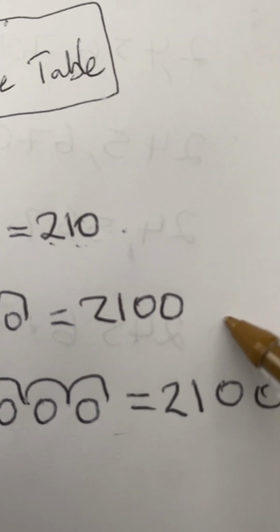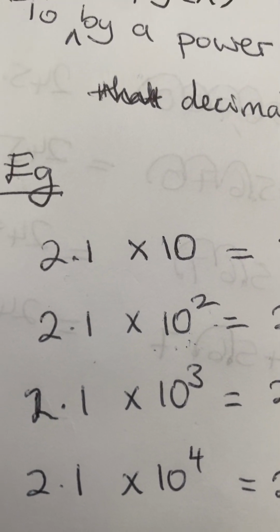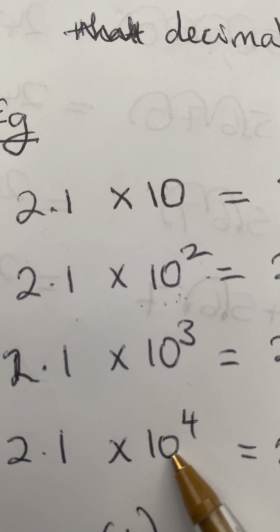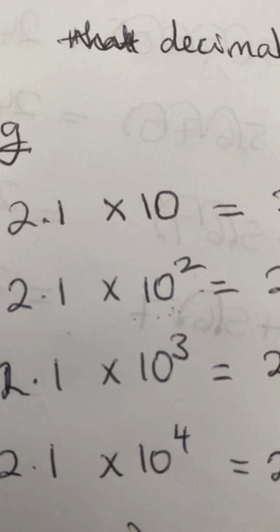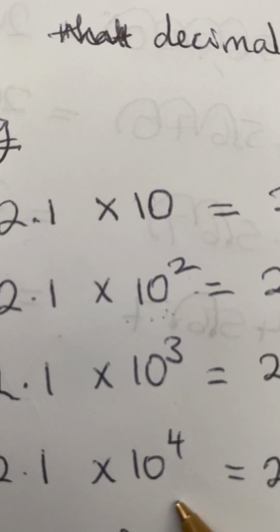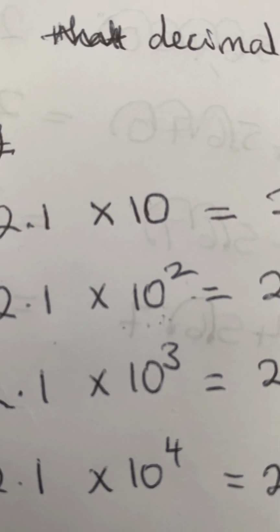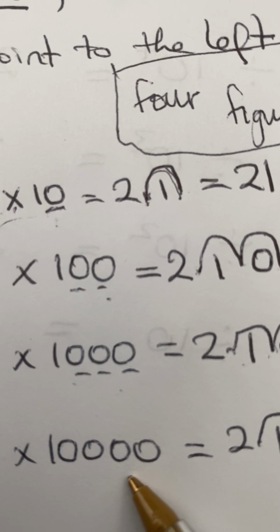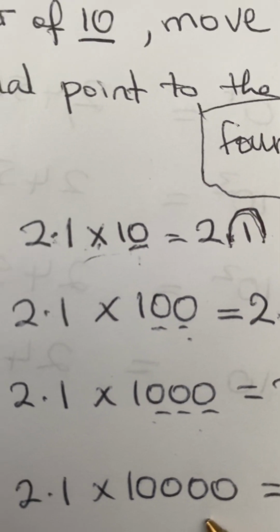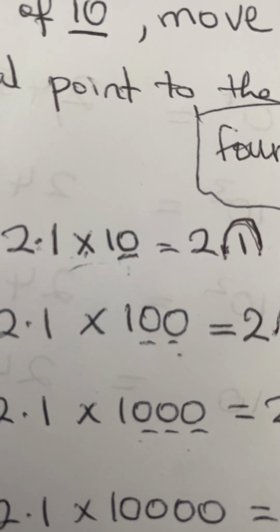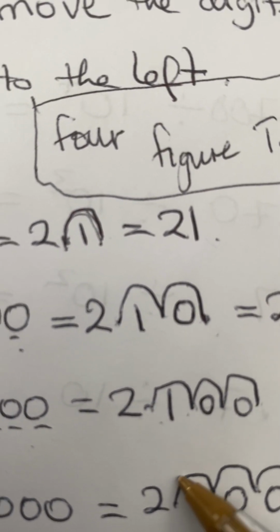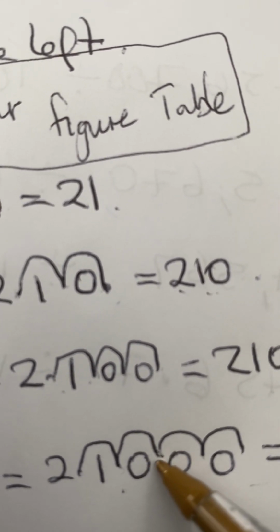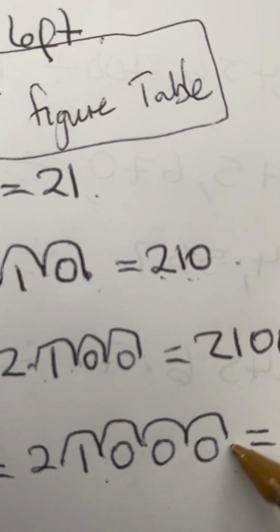The fourth example is 2.1 times 10 to the power 4. So I repeat 2.1. 10 to the power 4 has 4 zeros there. So how many loops am I going to move? 4. So I'm going to use the decimal. So 2.1. So this is the first one. 2, 3, and 4.